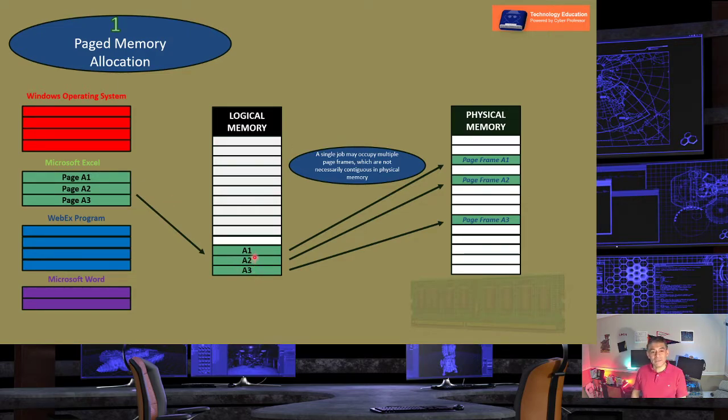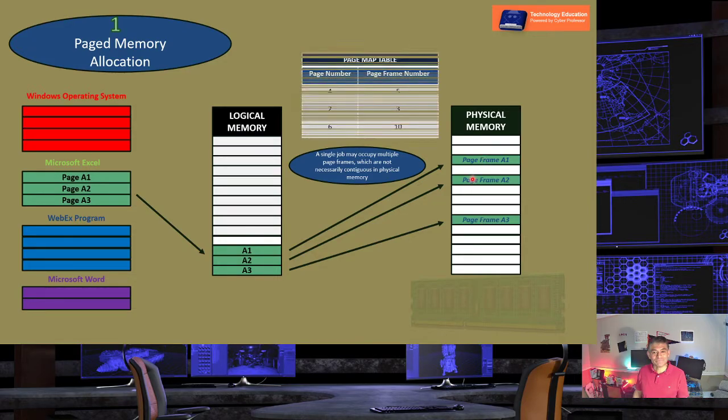However, these pages have been allocated to physical memory in the form of page frame allocations, as depicted here on the right. Page frame A1, page frame A2, and page frame A3, depicted in green. A single job may occupy multiple page frames, which are not necessarily contiguous in physical memory, as you can see from the diagram on the right.